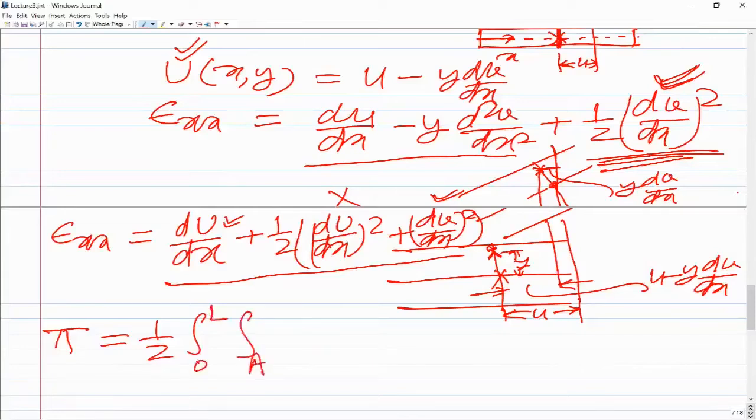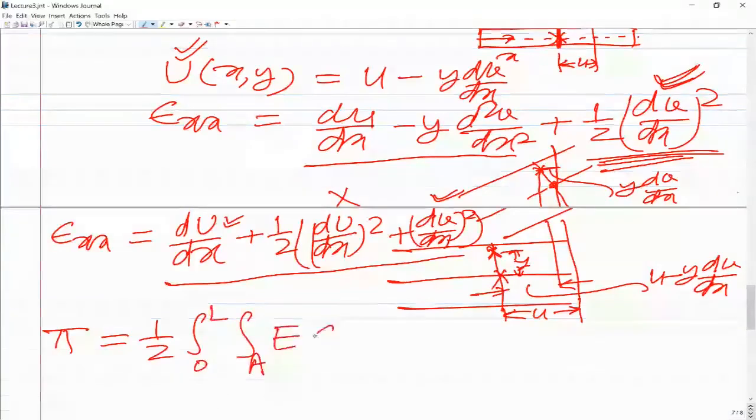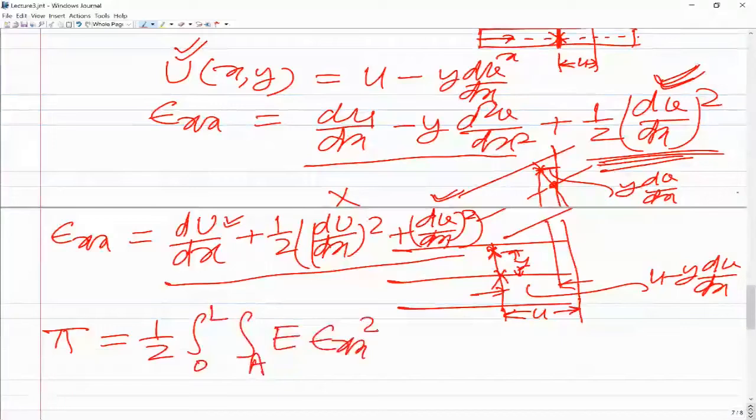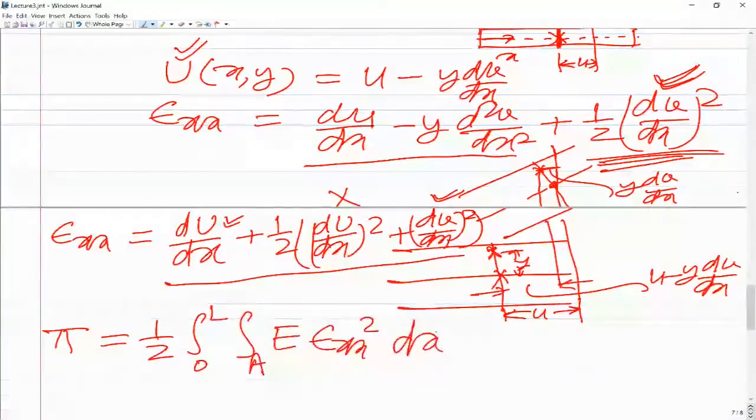And then the strain energy is half of sigma xx into epsilon xx, and this is a uniaxial problem, so sigma xx is E into epsilon xx, so you get E into epsilon xx whole square. So this would be E into epsilon xx square dA dx. Let me first write dA and then dx.